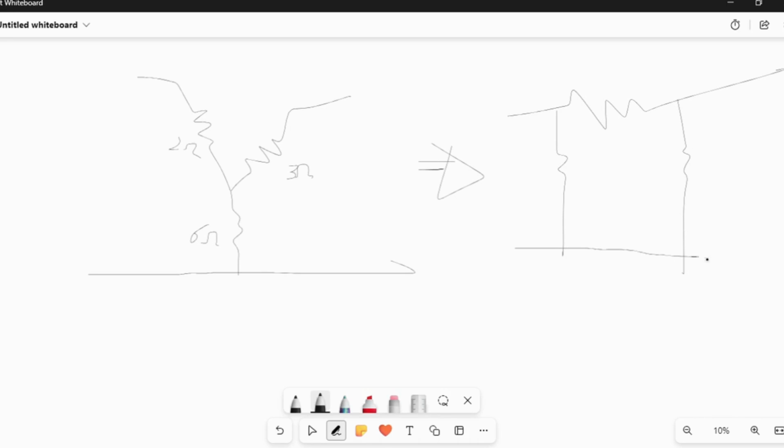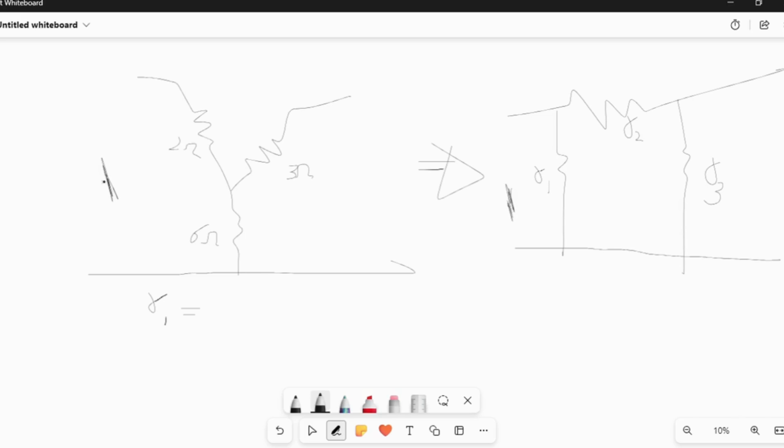So this is R1, this is R2, this is R3. So how can R1 be written? If you look at the R1 side, then look at the corresponding side, then look at the opposite side.